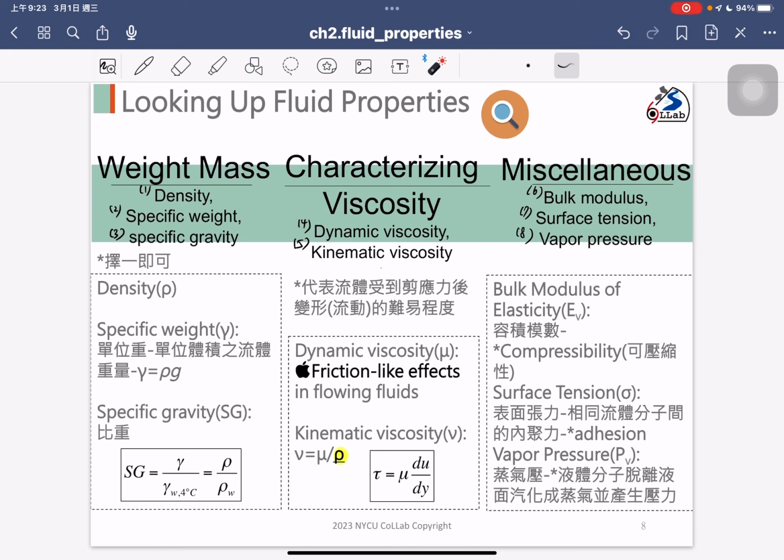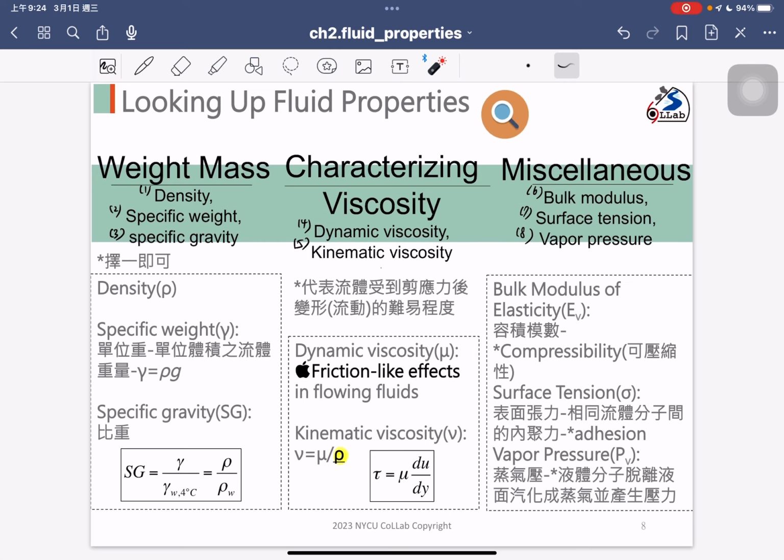Okay, so totally you can count how many properties we have in this chapter. Totally we have eight. Three are related to the topic of weight mass: density, specific weight, and specific gravity. The second topic is the viscosity, with the dynamic viscosity and the kinematic viscosity, so two properties in this topic.